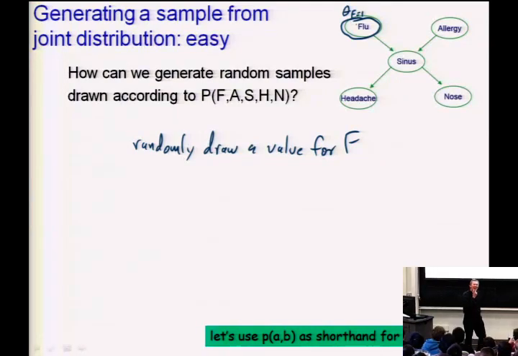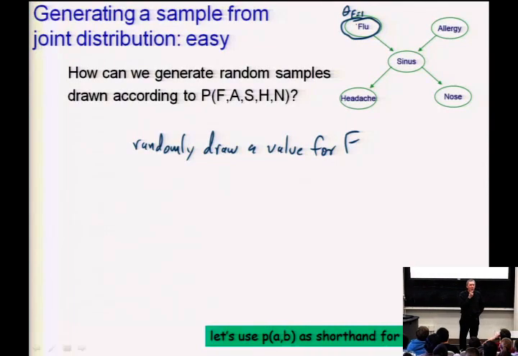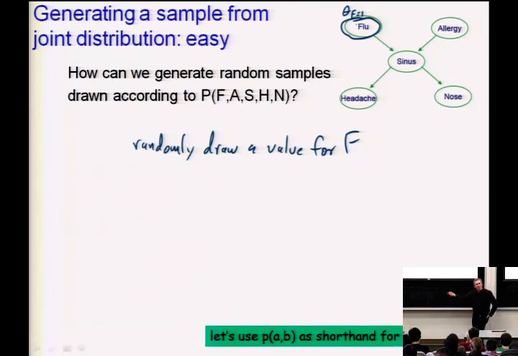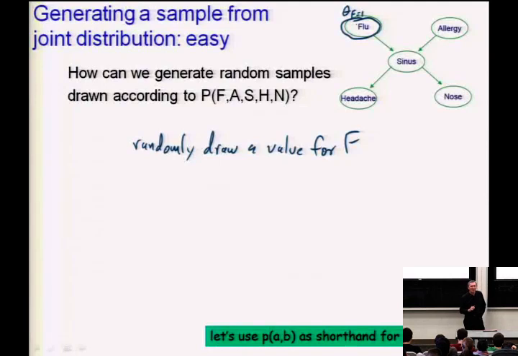How would we use that to generate a random draw? So we want to give that theta to some procedure that's going to, if we call it 100 times, generate 100 random samples of F, where we expect theta sub F equals 1 of them, that fraction of the 100 random draws, to have F equals 1.